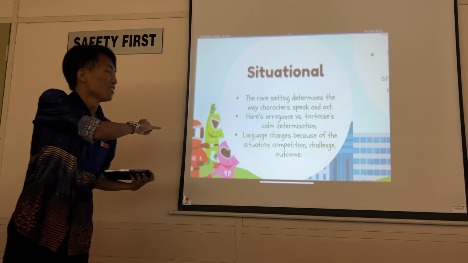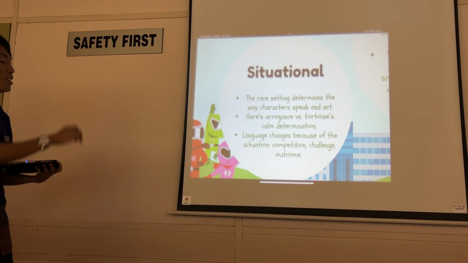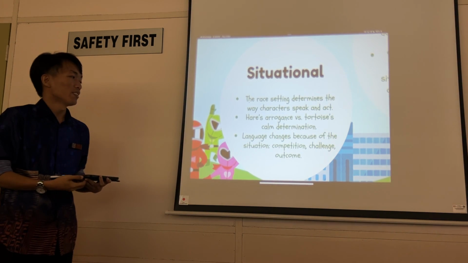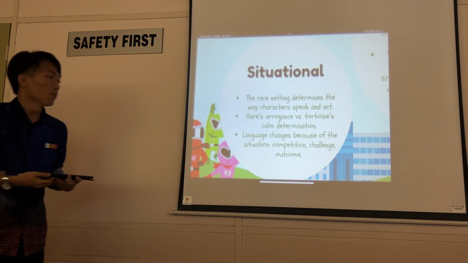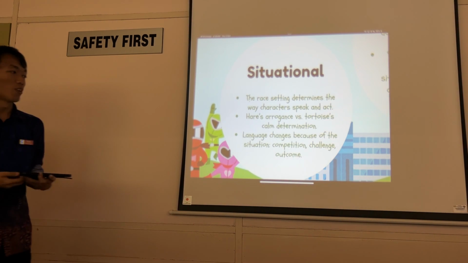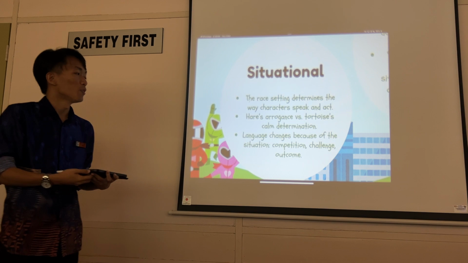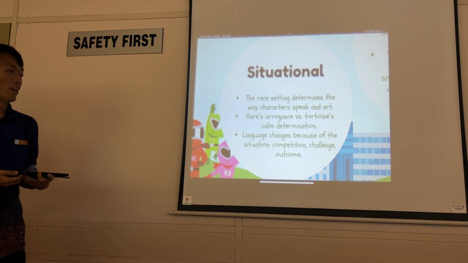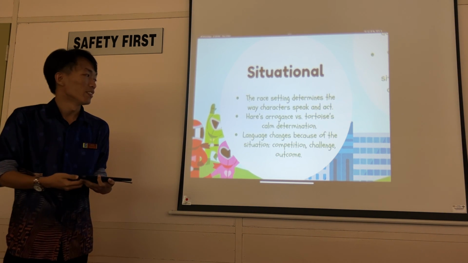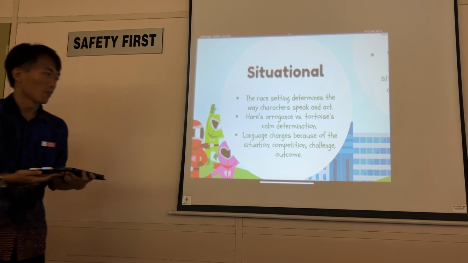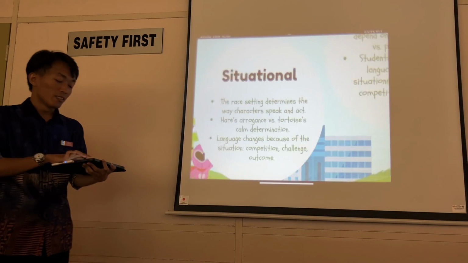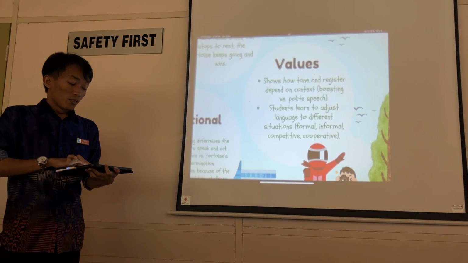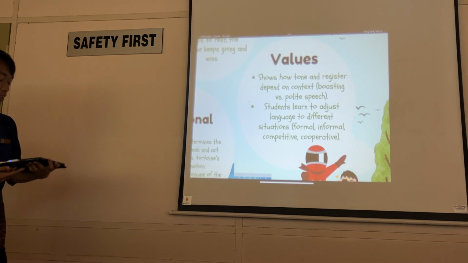Okay, so the third point is that language changes because of the situation. In the story, this happens during the competition, when the hare challenged the tortoise, and at the outcome when the race finished. So these are the values of the situational context.